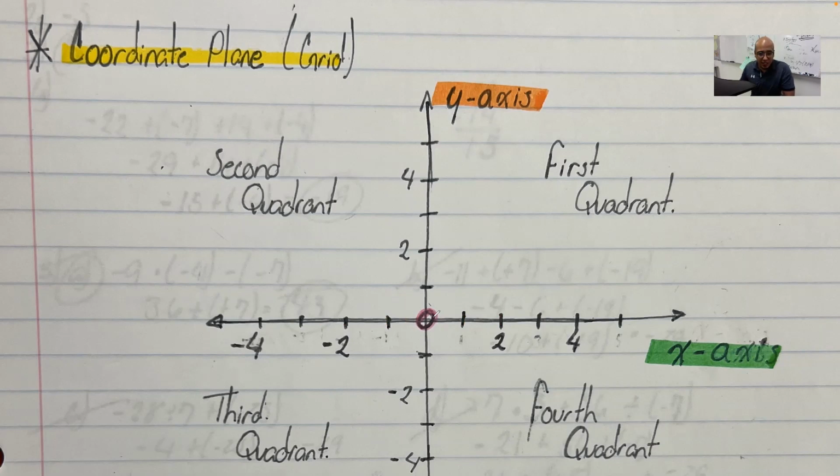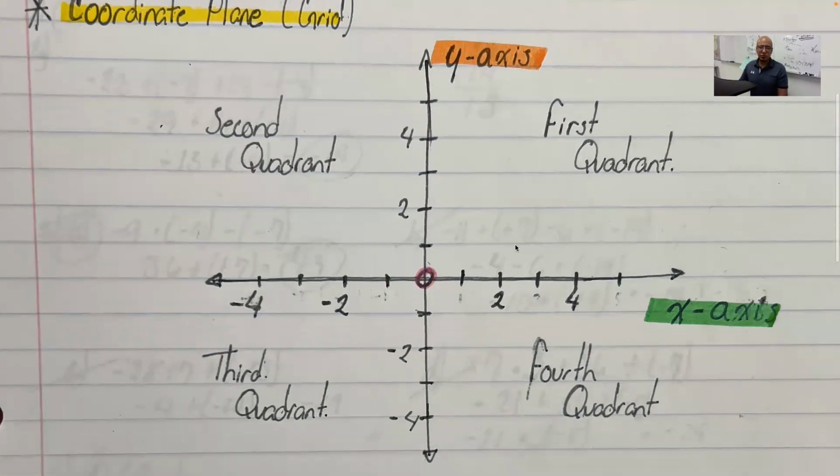Now, at this point 0, you will see the other number line intersect, and going up, things get positive, and going down, things get negative. But you read it the exact same way.